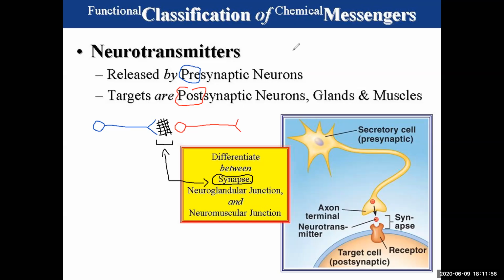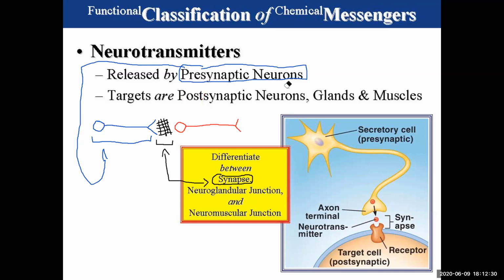Right. So the blue cell is a presynaptic neuron. And the red cell, you have guessed it, is the postsynaptic neuron.